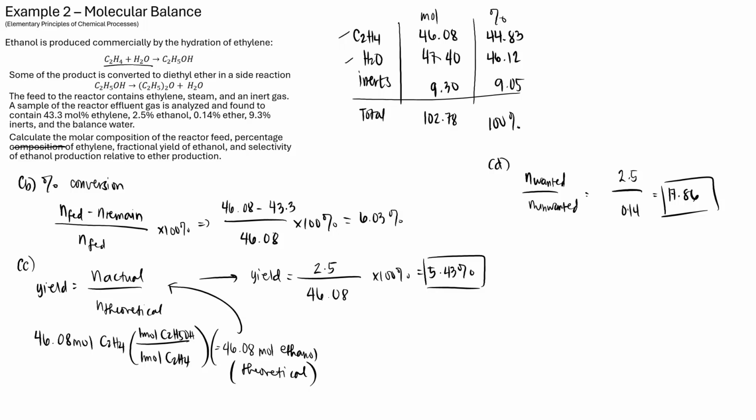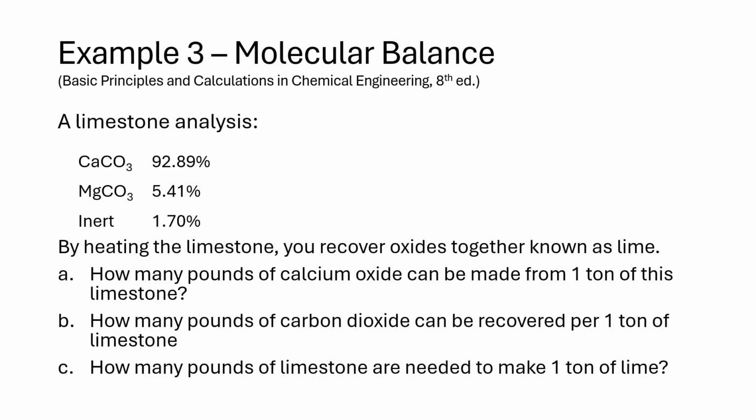Okay, let's move on to number 3. Given here is the limestone analysis. And by heating the limestone, you recover oxides, together known as lime. So these oxides are CaO and MgO, and that's together known as lime.